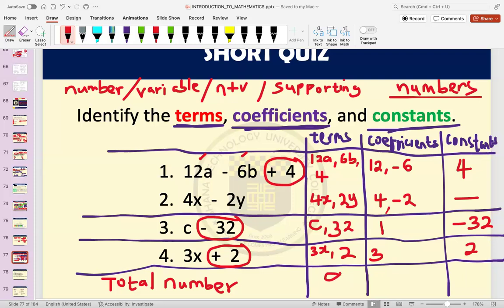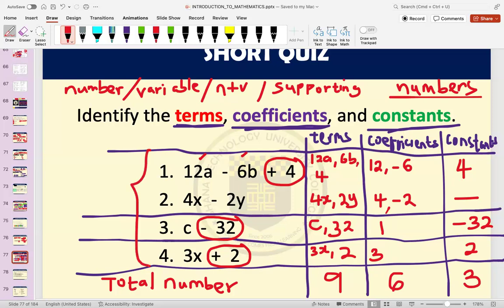So the total number of terms for the 4 questions is 9. What about the total number of coefficients? You have 1, 2, 3, 4, 5, 6. So we have 6 coefficients in total. And then we look at the constants. We have 1, 2, 3. And we have a total of 3 constants for all the 4 questions we have looked at.